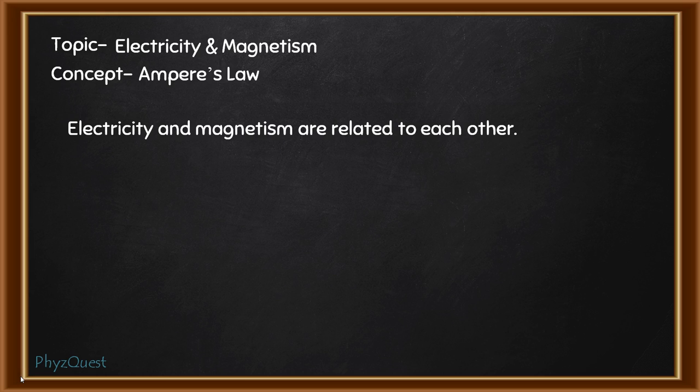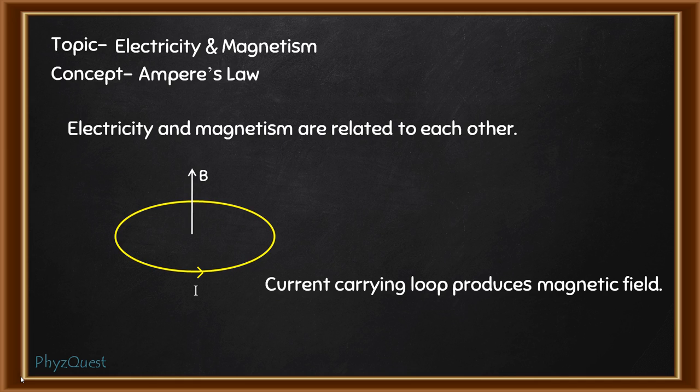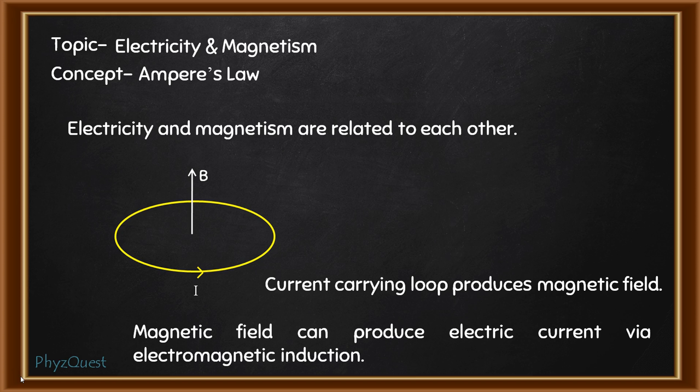For example, consider a current carrying loop. A loop having continuous flow of current can produce a magnetic field. In a similar manner, a magnetic field can produce electric current. The example could be electromagnetic induction.